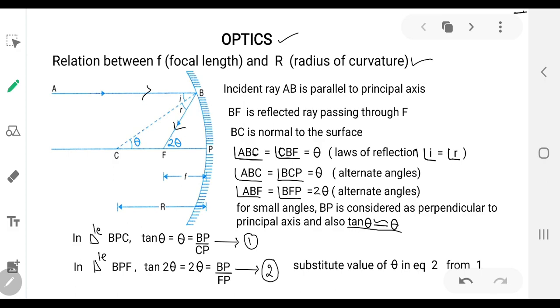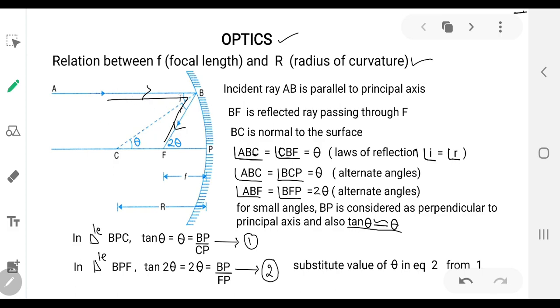Then look at the positions of the angles ABC and BCP. These two angles are alternate to each other, so you can equate them: ABC is equal to theta, so your BCP also becomes equal to theta. This is your second equation. Now the third equation is angle ABF.